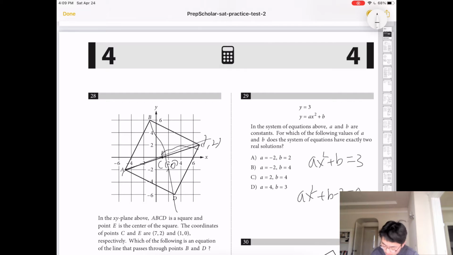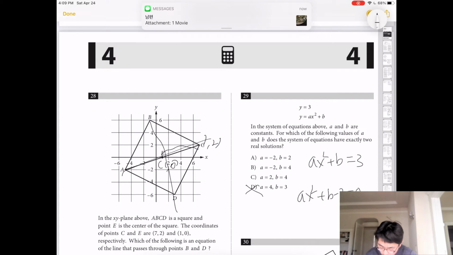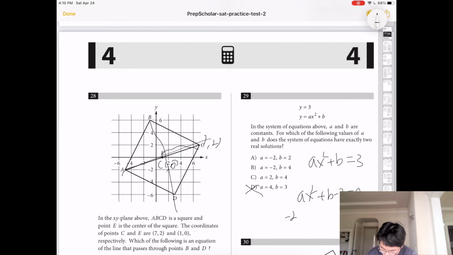And so b can't be 3, because if b equals 3, then we'd only have one solution, 0. So D is off the list. I feel like there's got to be an easier way to solve for this, but I'm just going to plug in all the plausible values.